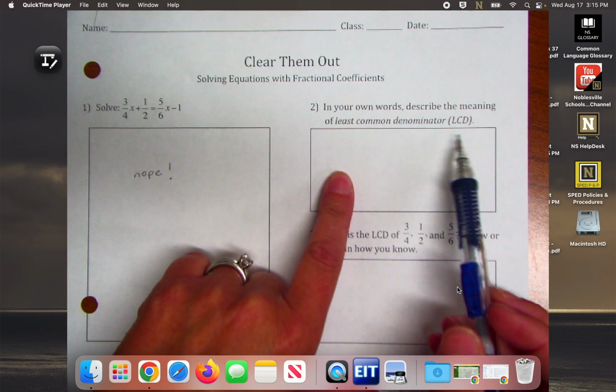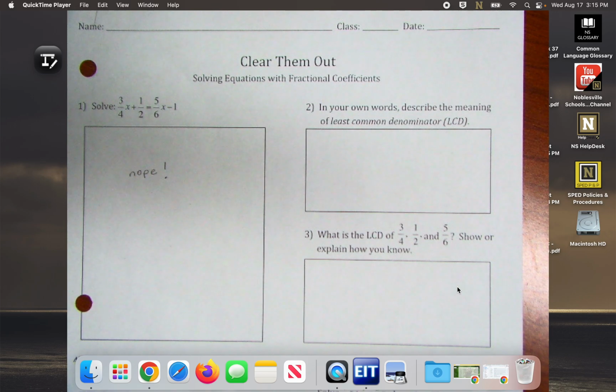What is a least common denominator? The 24 and 18, 6 would be the least common denominator, right? Because it's the smallest shared number value. It's the smallest number that these two numbers can go into and be divided by.